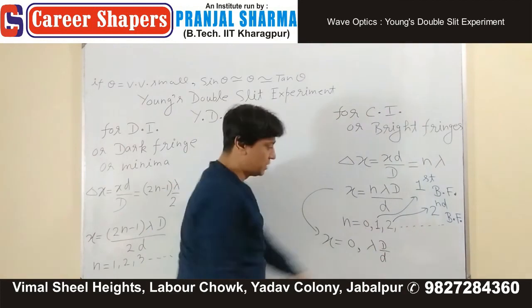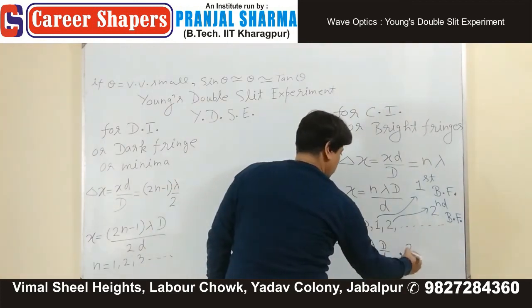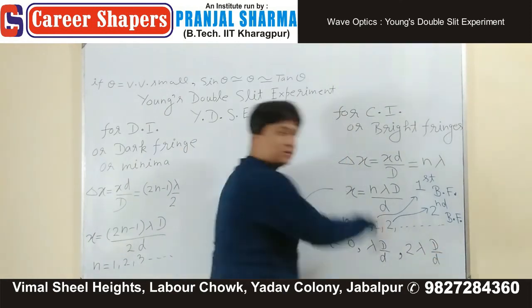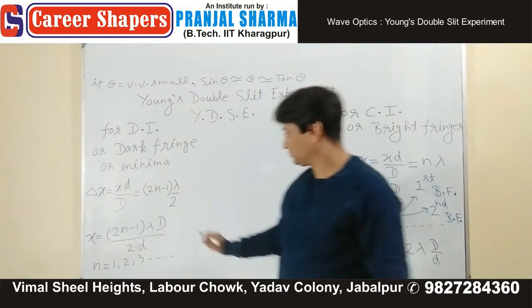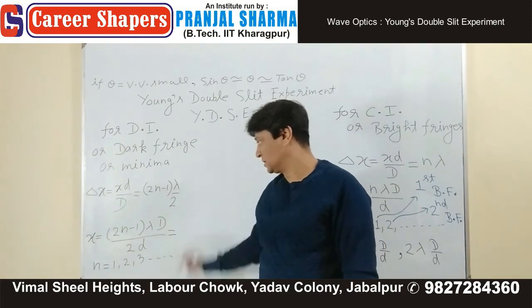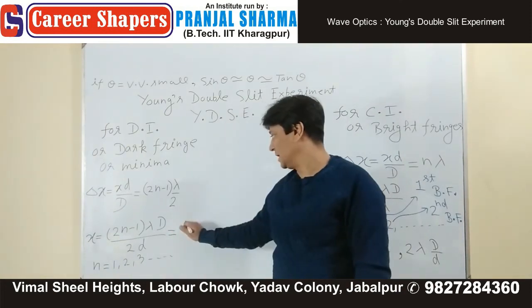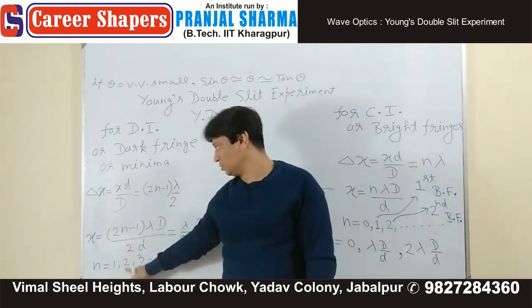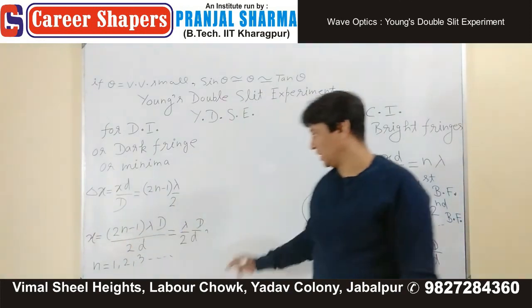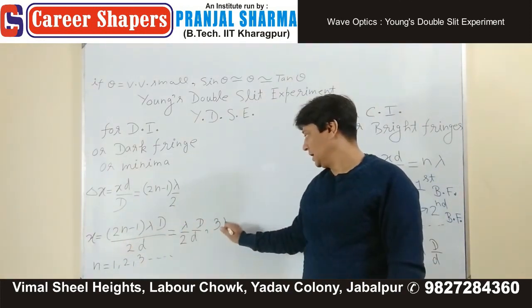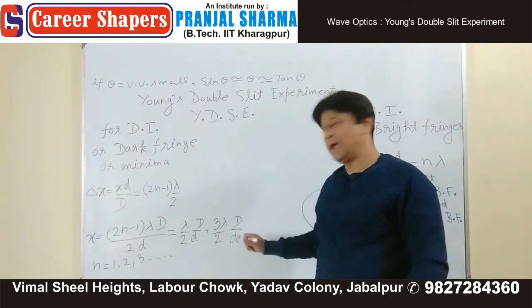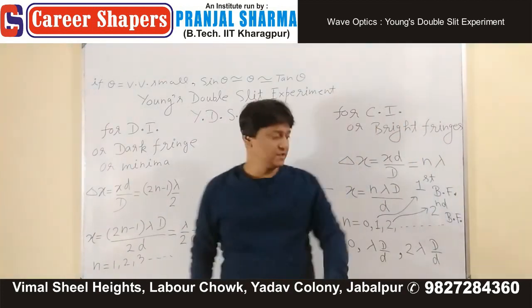When n is 2, you get 2 lambda D by d, and so on. Right here, what are the values of x? When it is 1, you get lambda by 2 D by d. When this is 2, 2 into 2, 4 minus 1, 3, you get 3 lambda by 2 D by d, and so on.